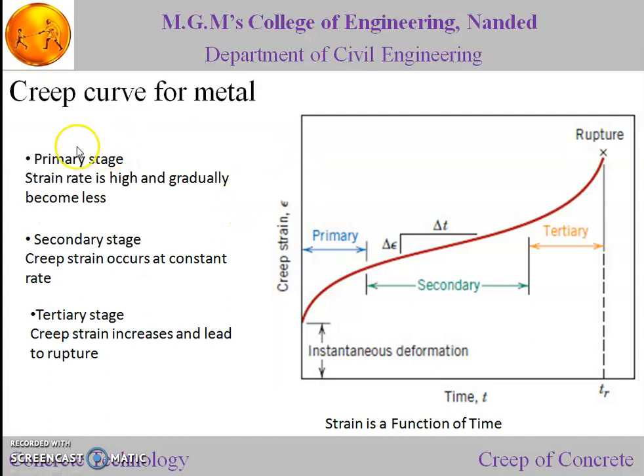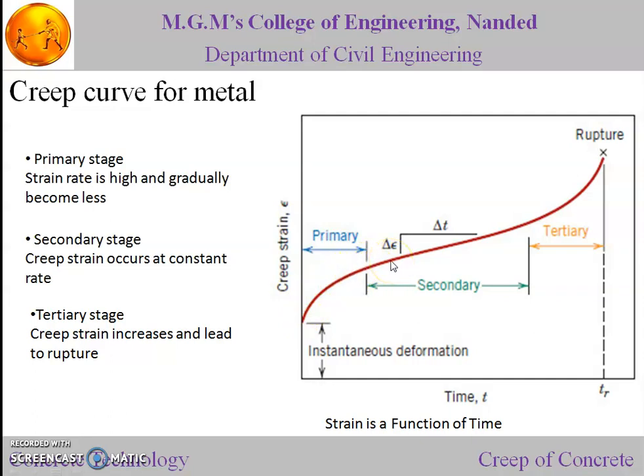So we elaborate these stages: primary stage, secondary stage and tertiary stage. In the primary stage, strain rate is high and gradually becomes less. That means from this point to this point the strain rate is high, and from here it gradually becomes less.